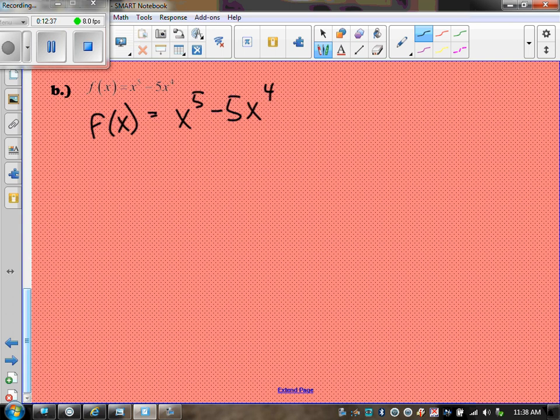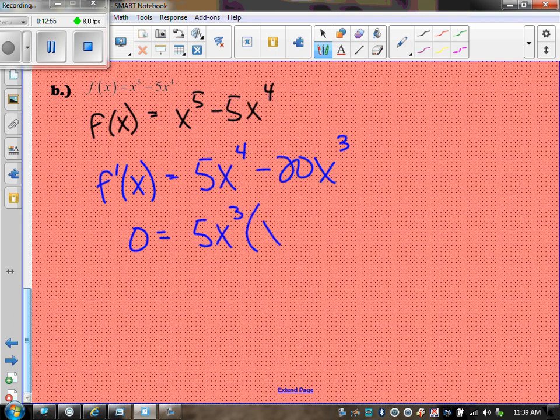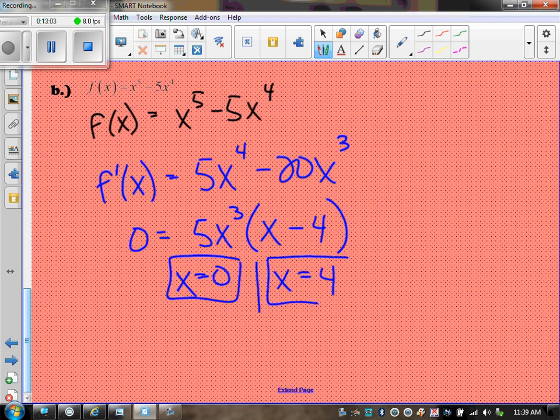Let's first find our first derivative, so that I can find my critical numbers. I have 5x to the 4th minus 20x cubed. I want to take that first derivative and set it equal to 0 so I can find my critical numbers. I'm going to factor out a 5x cubed, leaving me with an x minus 4. And I get critical numbers at 0 and 4.